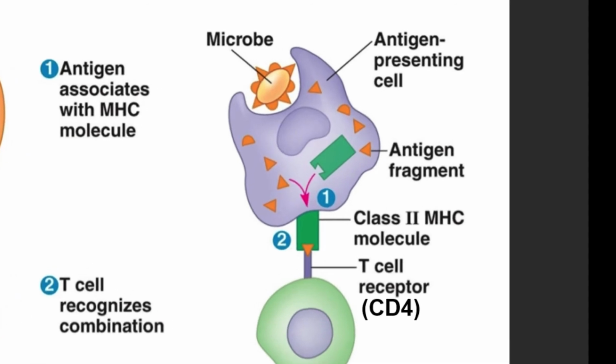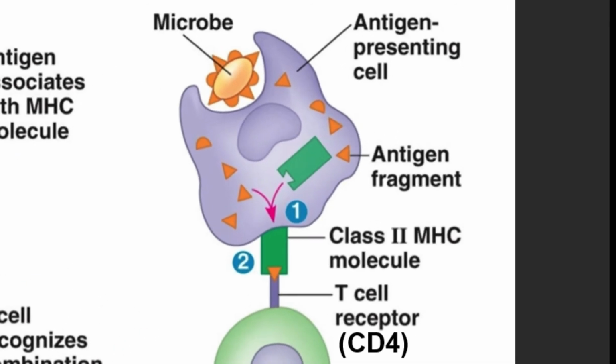On the other hand, over here, we have what's called a helper T cell. Helper T cells always interact with the class 2 MHC molecules of antigen presenting cells. And the reason that they do that is because their particular T cell receptor, which is called a CD4 T cell receptor, can only bind to this class 2 MHC molecule.